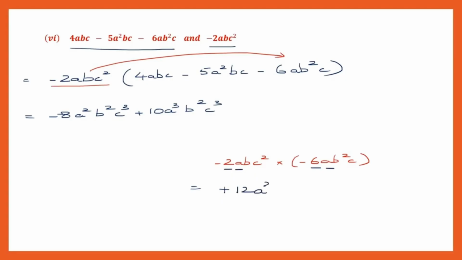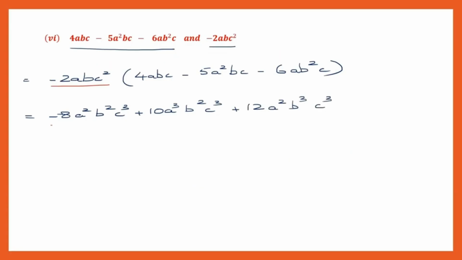So a to the power of 2. Then b, there is 1b and here b square. So that is b to the power of 3. Then we have c square and one more c here. That will make it c to the power of 3. So what do we have? Plus 12 a square b to the power of 3 and c to the power of 3.